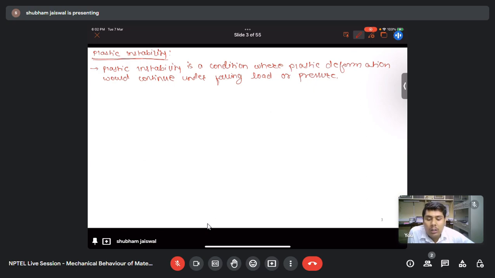So, generally, in uniaxial testing, the instability point or the deformation occurs at a local regime, and at that point, the uniform elongation ceases, and the force is maximum at that point.